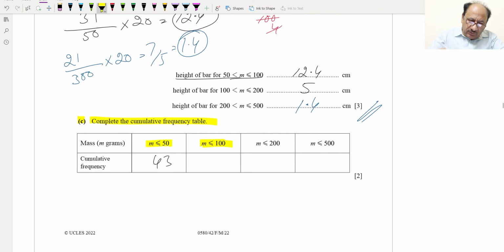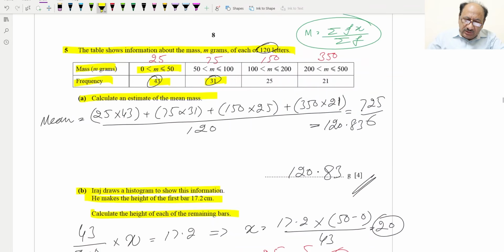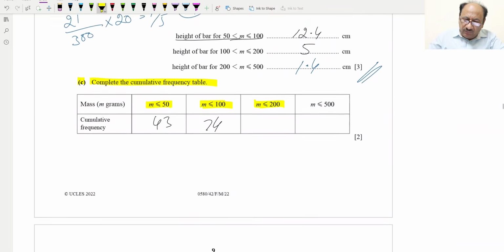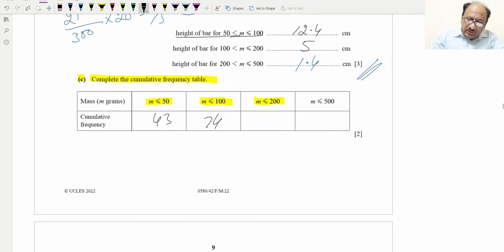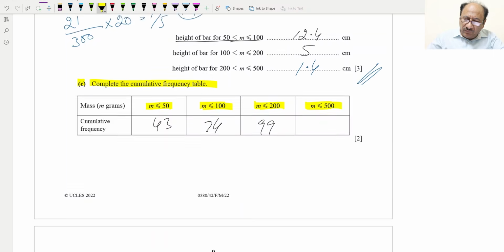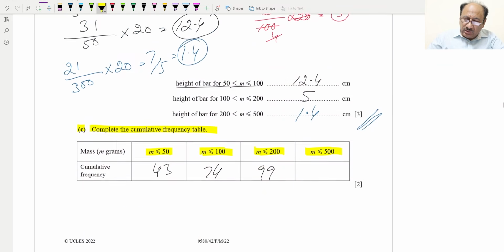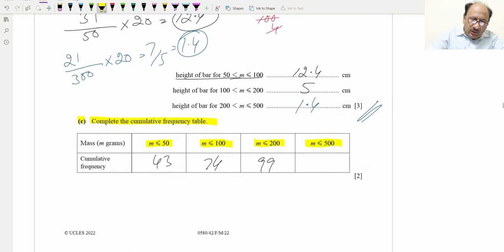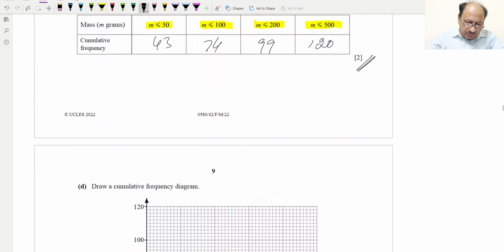So our number will be 74 over here. Less than or equal to 200 will include this as well, so 74 plus 25 will be 99. So we can write here 99, and then less than 500 are all 120, so we write 120 over here, and this is the completion of the table, which is for 2 marks, which we are done.